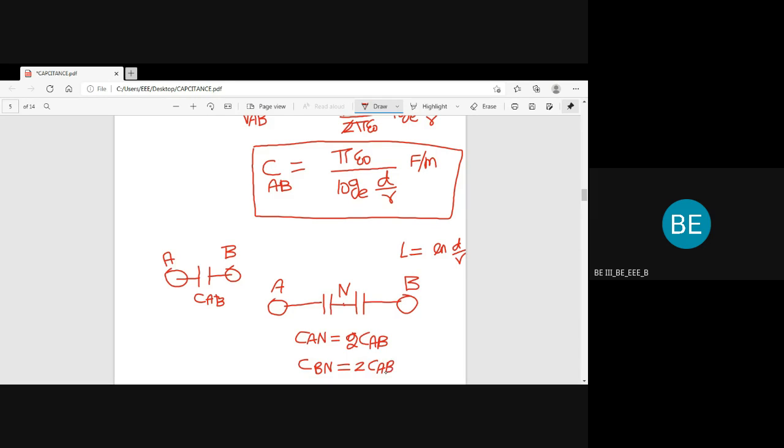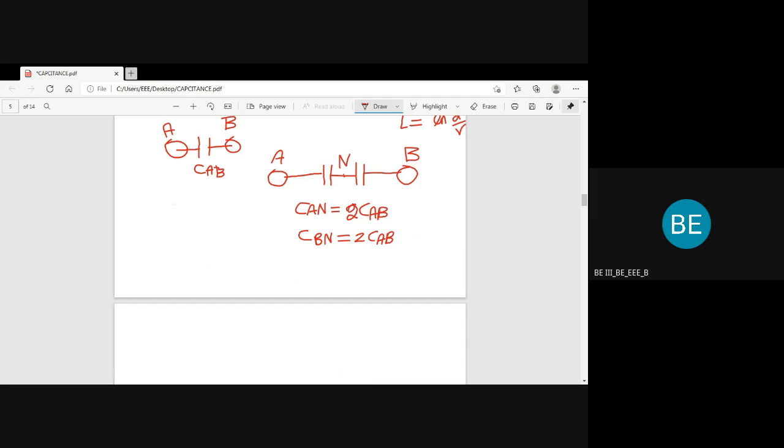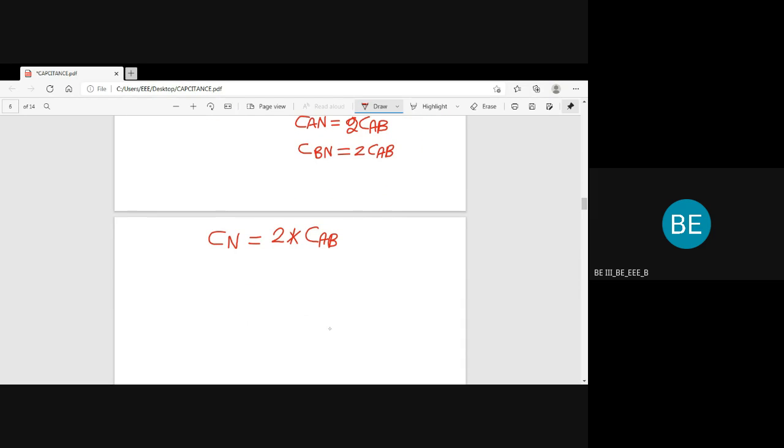So if I want to find capacitance with respect to neutral, what it implies is that the capacitance to neutral, Cn, is double the capacitance between conductors A and B. So if I want to find the capacitance of a conductor with respect to neutral, we have to multiply by 2.